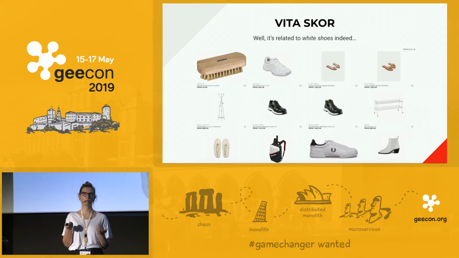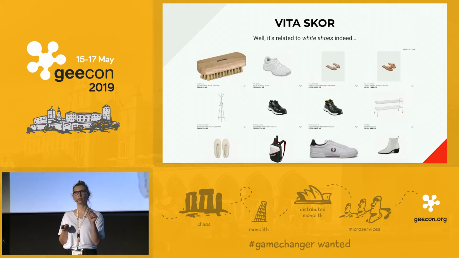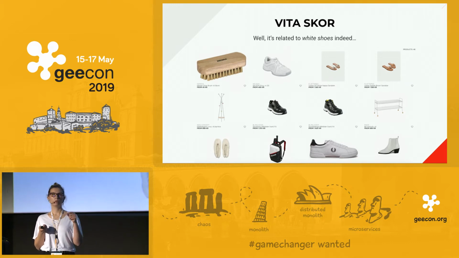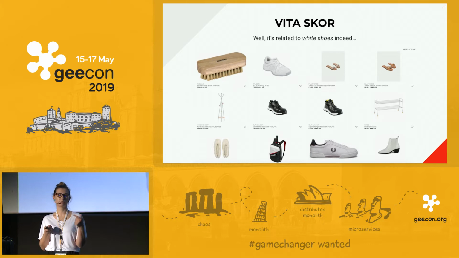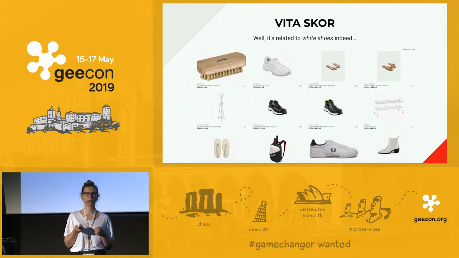Not very accurate. Because besides the white shoes, you get black shoes, and maybe if you click those black shoes, you will end up having white shoes as an option, but the image doesn't really match, right? And you get some furniture, and it's a really crappy result.